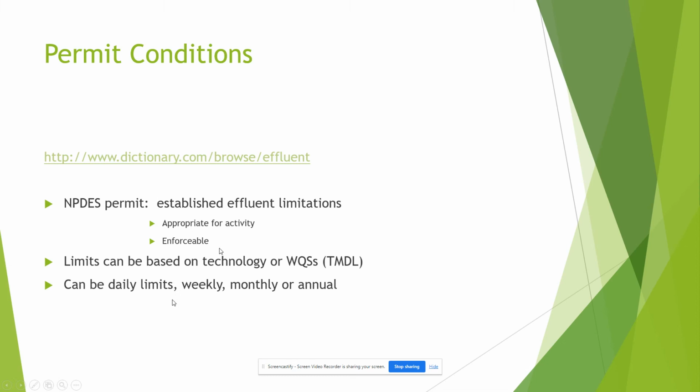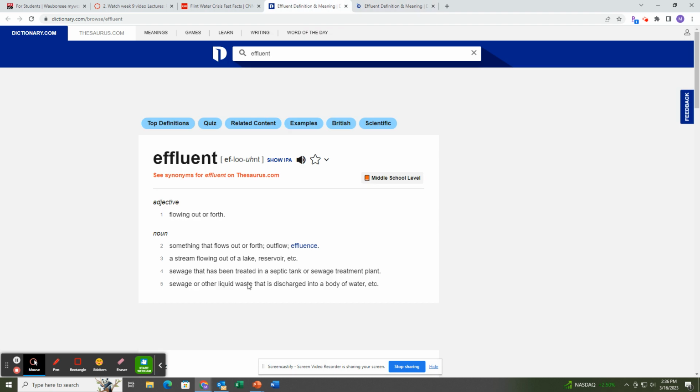Okay, so what is contained in these permits is a limitation on effluent. Effluent means flowing out, something that flows out or forth, right?